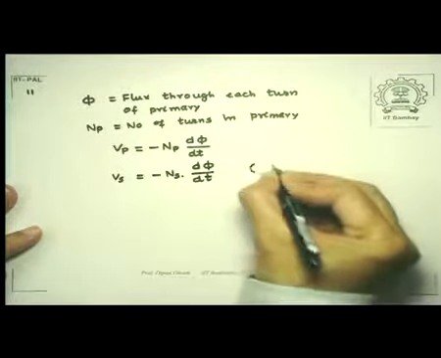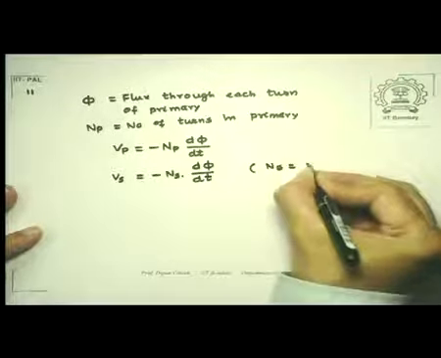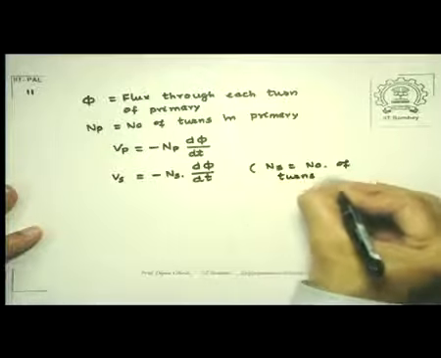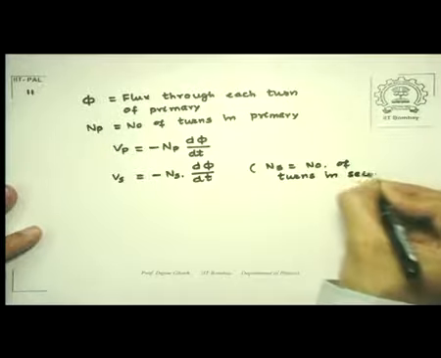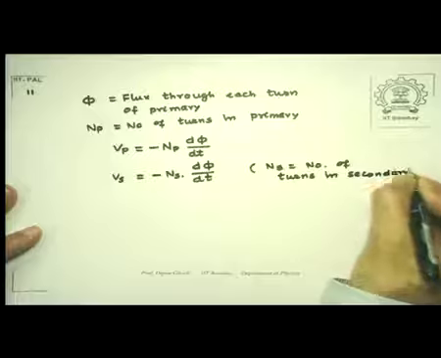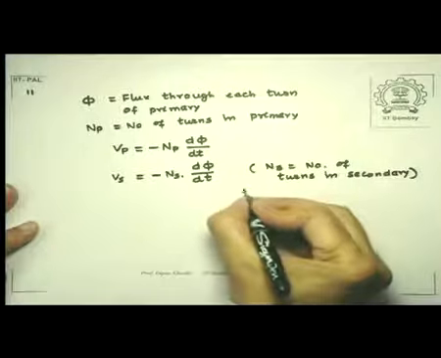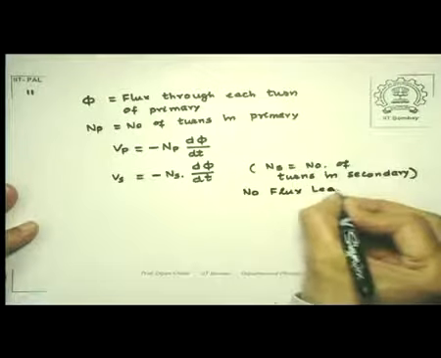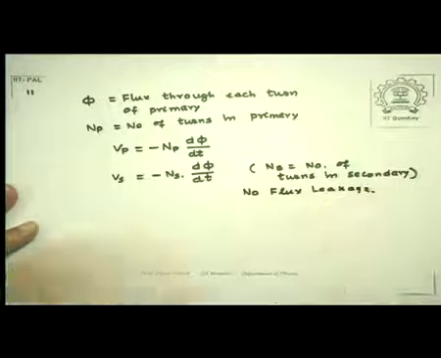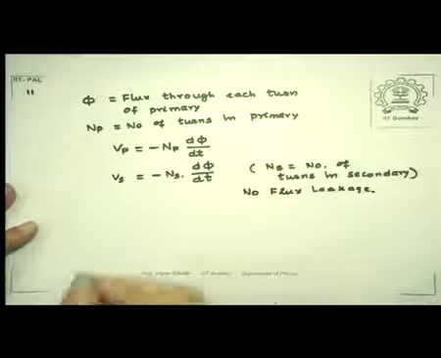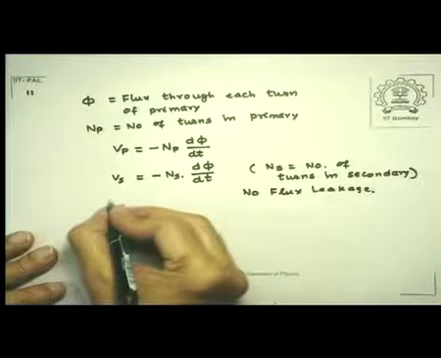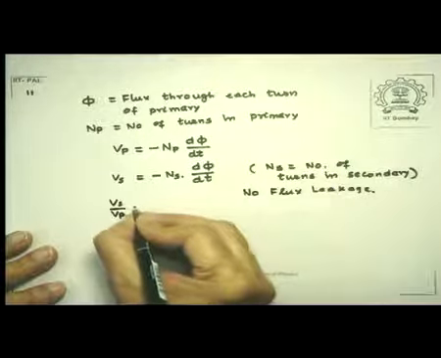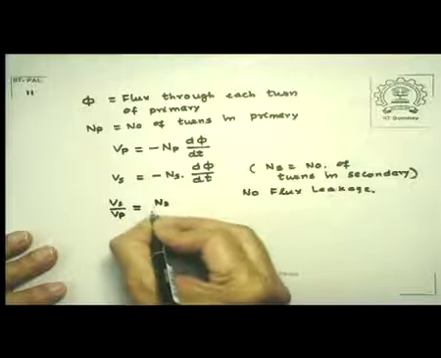So assume Ns equal to the number of turns in secondary, and no flux leakage. If you compare these two expressions, you immediately get the ratio Vs by Vp is equal to Ns by Np.